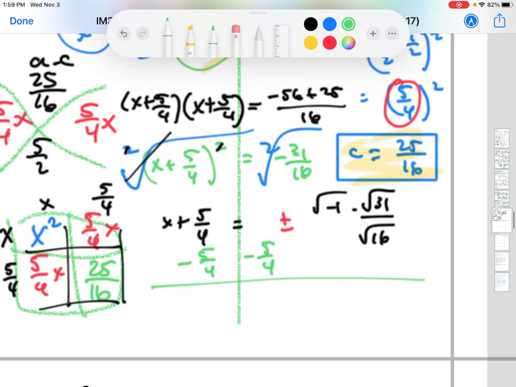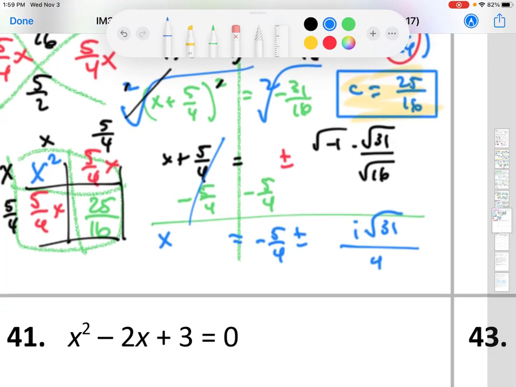Also subtract negative 5/4, and we've got to simplify all this stuff. Negative 5/4. That's i radical 31 all over 4. And then you can write one clean answer. X equals negative 5 plus or minus i radical 31 all over 4.